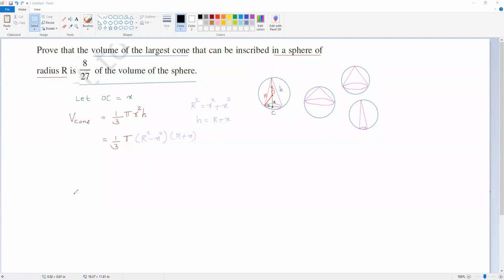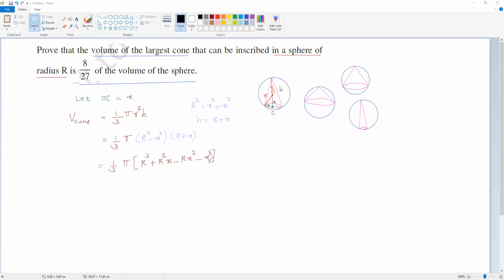So now we can see everything is converted into one variable, x. So V is equal to 1 by 3 pi into (R square minus x square)(R plus x), which is R cube plus R square x minus R x square minus x cube.